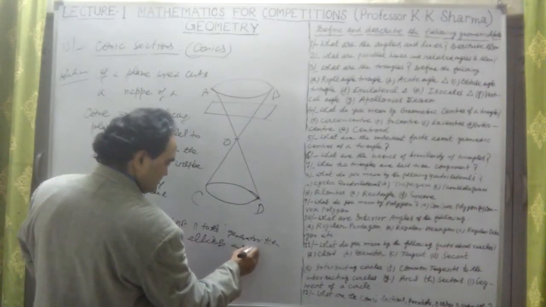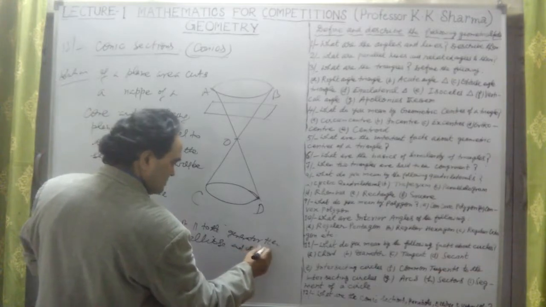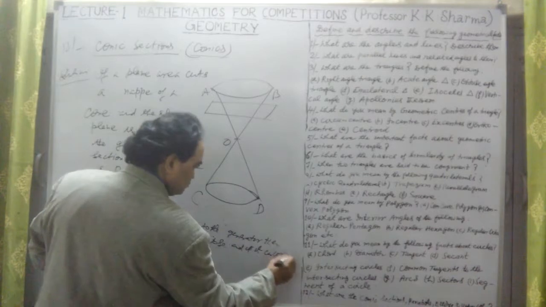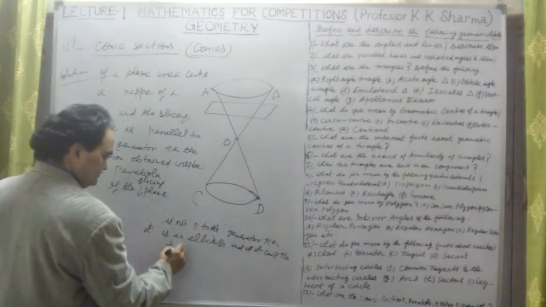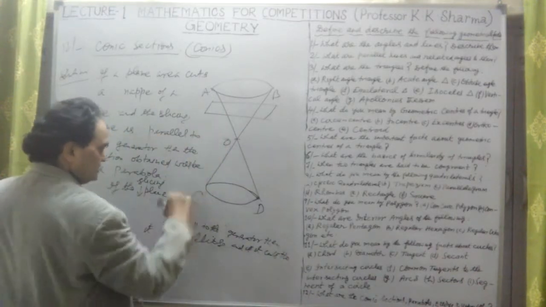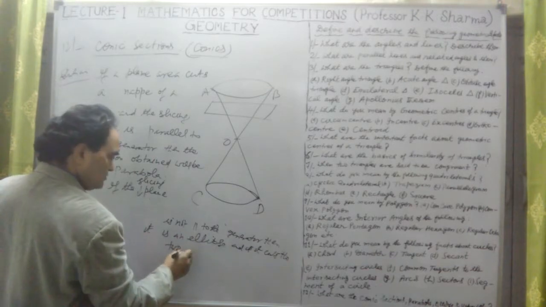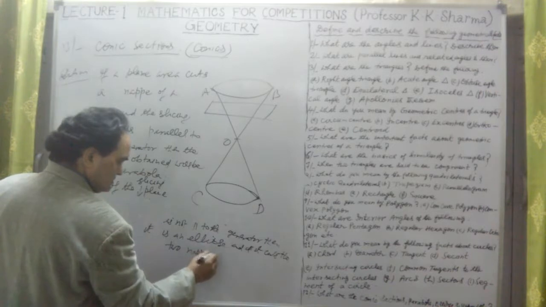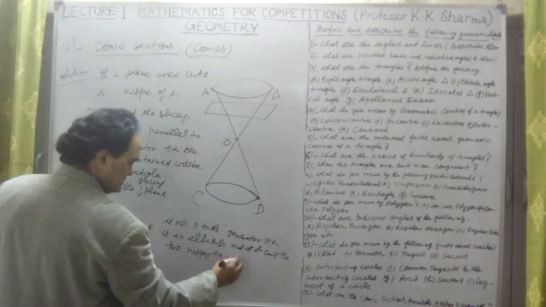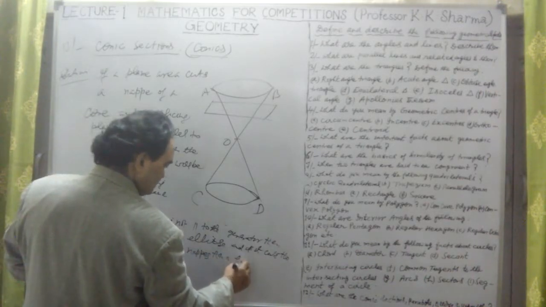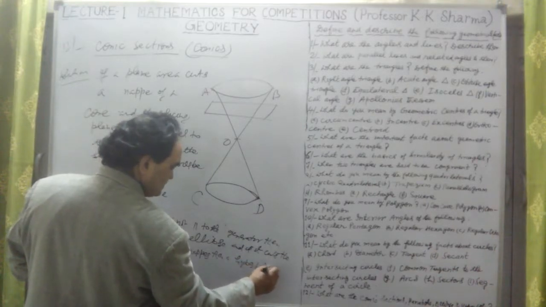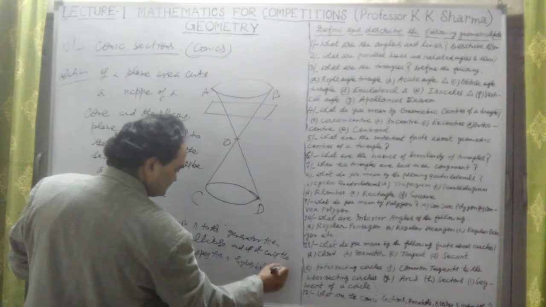And if it cuts the two nappes, then we will obtain a hyperbola. A hyperbola will be obtained. This is the hyperbola we have obtained.